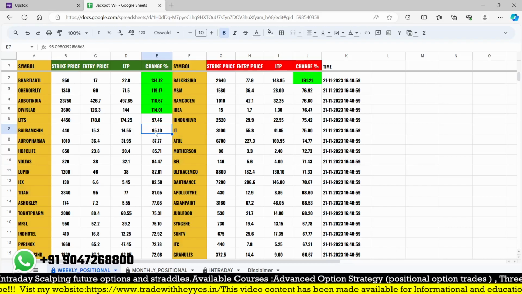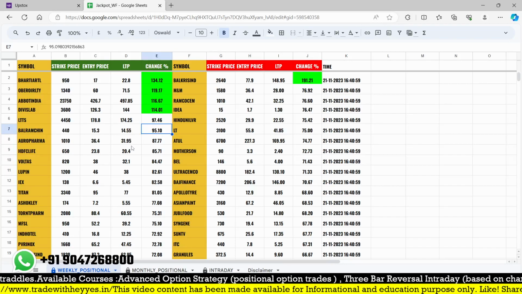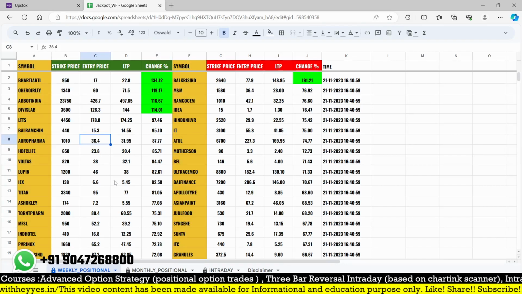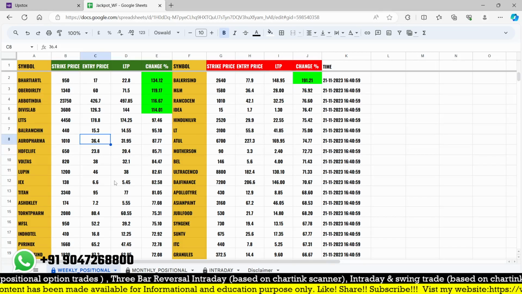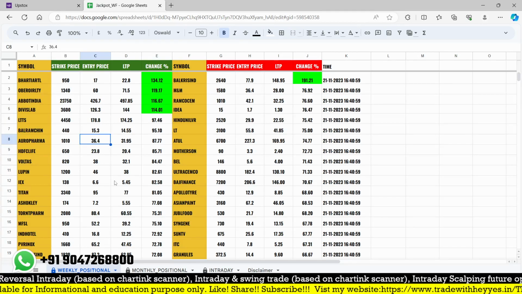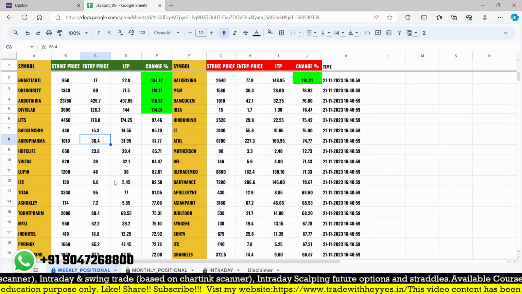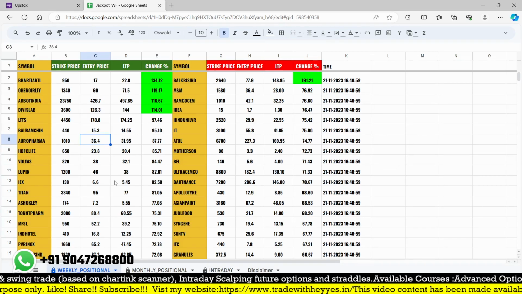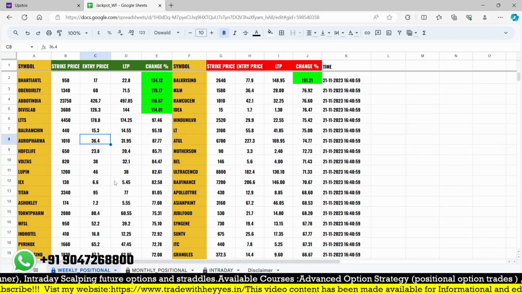For example, if I am taking Ara Pharma with a 36 entry point, and by opening itself it's showing 37 or 38, it is a gap up. Most probably, gap-up stocks in the first candle have chances of reversal from the top. To avoid that, in the first 15 minutes we are not going to place any orders, and we have to wait.